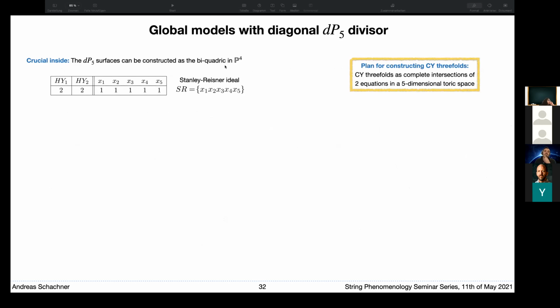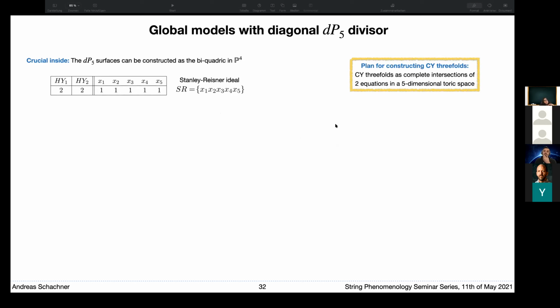So the crucial insight that we need to construct different types of Calabi-Yau threefolds is the following. The dP5 surfaces can be constructed as biquadratics in P4, which means that they can be realized at the intersection of two quadratic polynomials in P4, given by this GLSM data.